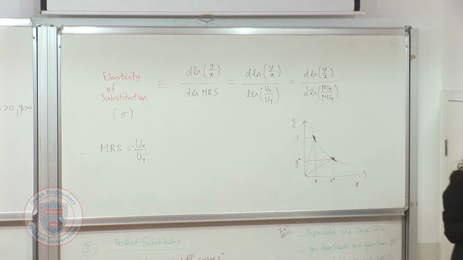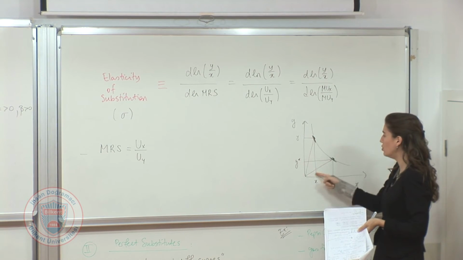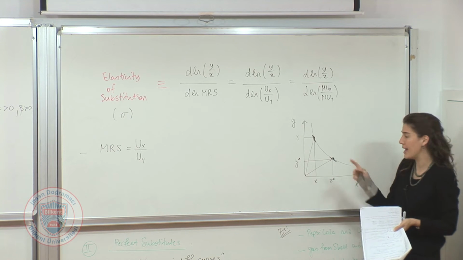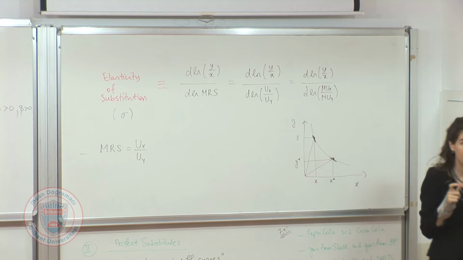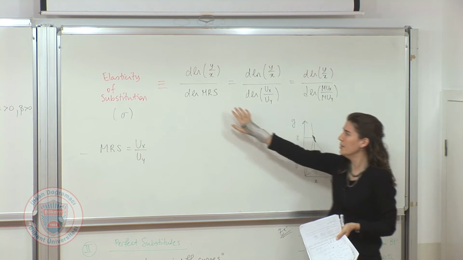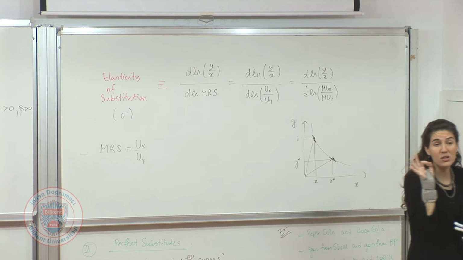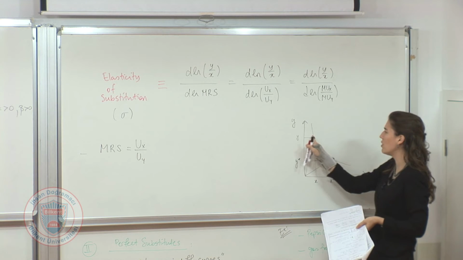So it says that the percentage change in this good mix divided by the percentage change in the marginal rate of substitution is always one number, okay? Which means that it doesn't matter that you have a lot of y.